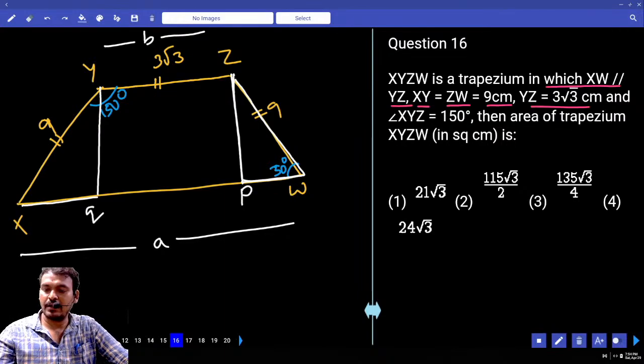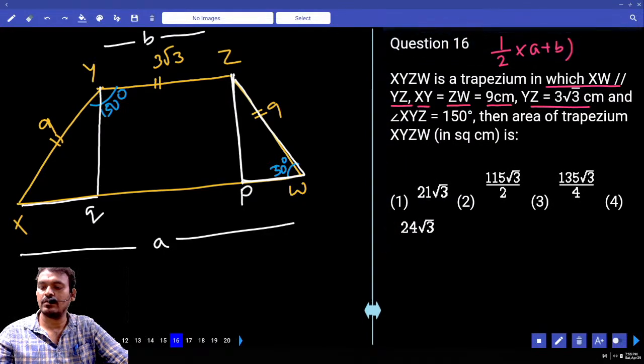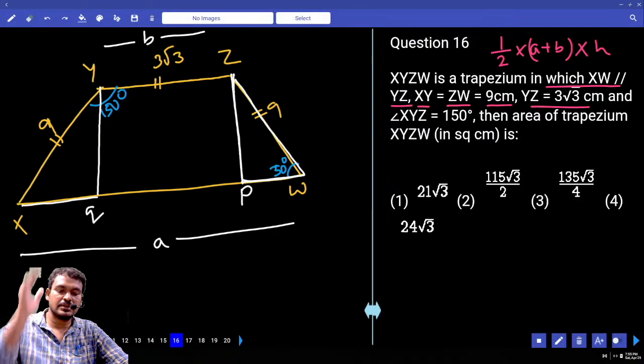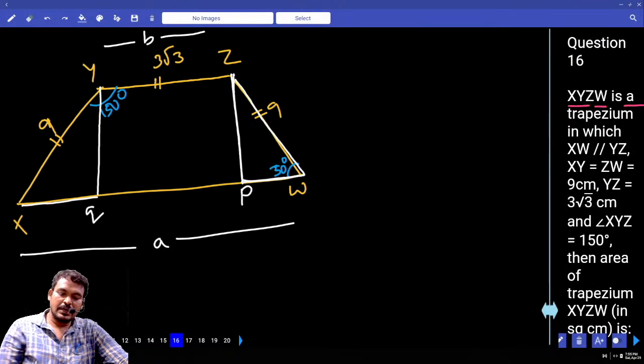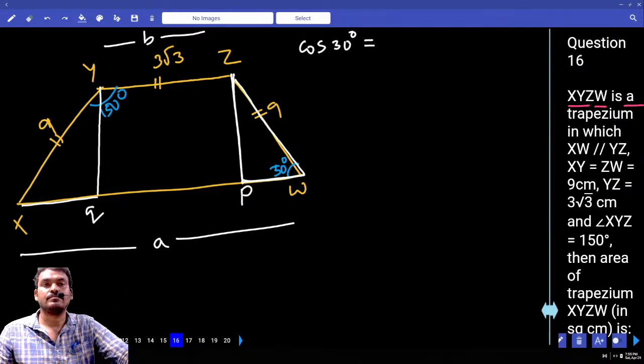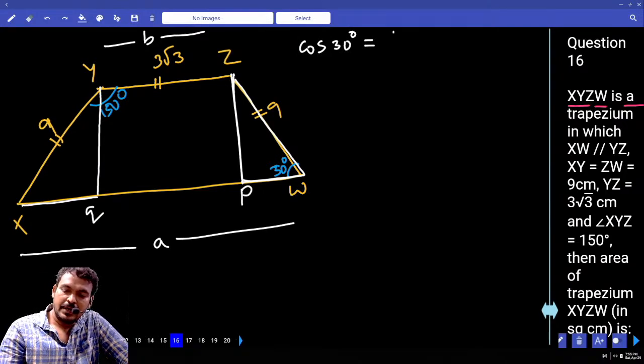What is the area of a trapezium? Half into A plus B into which one? Height, or not? That is the distance between two parallel sides, or not? Okay. First, it is 30, means we write cos 30, or not? Cos 30 equal to PW by which one?